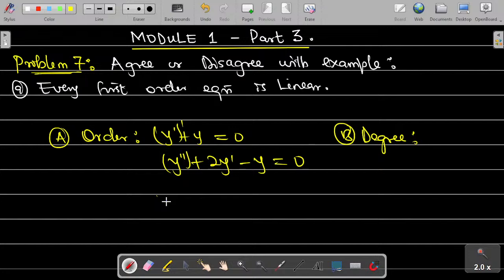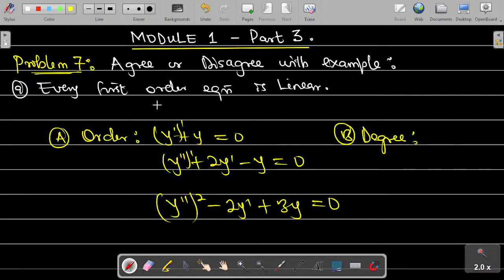If I have something like y prime prime raised to the power of 2, then minus, let's say, 2y prime, then maybe plus 3y equal to 0, this is a differential equation of order 2 and degree 2. So this one is order 1 degree 1, this is order 2 degree 1, but this one is order 2 degree 2.